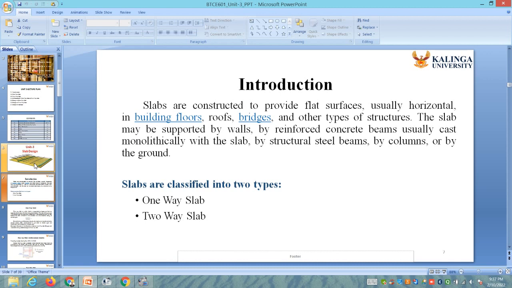First of all, the formwork is erected. Over those formworks, the reinforcement cage is provided, and after that casting is done.